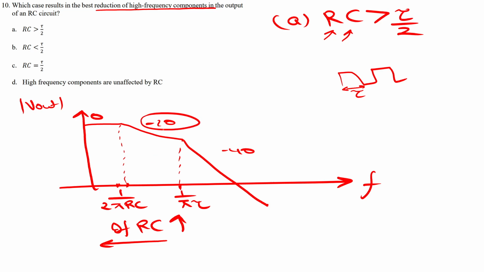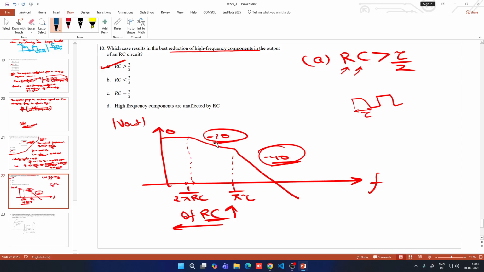First it reduces at minus 20 dB per decade, and then the spectrum will reduce at minus 40 dB per decade. So the best way to reduce high frequency components in the output signal of the RC circuit is that RC should be greater than tau by 2. So the correct option here is option A. I hope this is clear. If you have any doubt in this, please let me know.